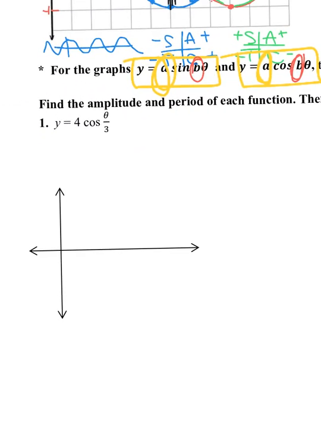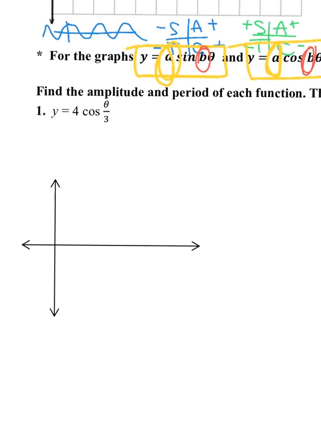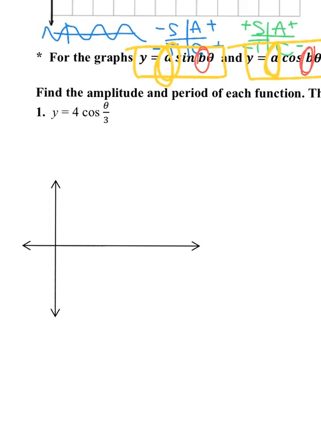Okay, so for number 1, it says find the amplitude and period of each function, then graph the function. So let's go ahead and find the amplitude and period first. The amplitude is going to be the absolute value of what's being multiplied outside the function. So in this case, it is 4. And the period, let's just do this in degrees.